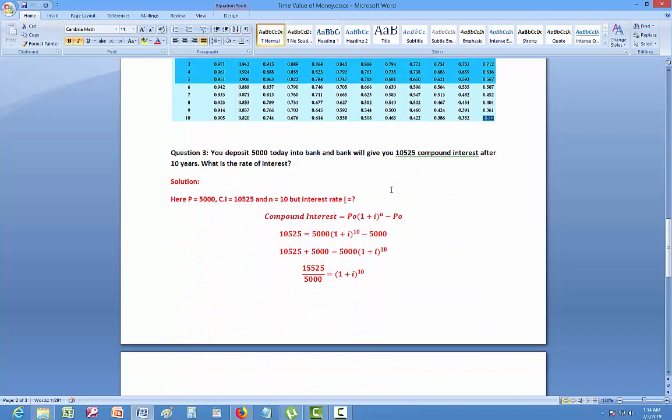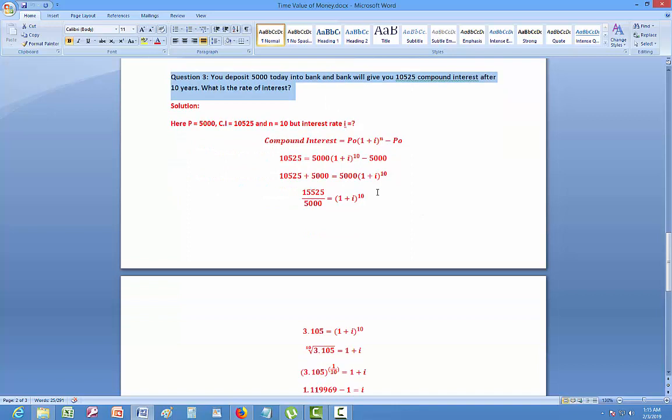In third question, what you deposit 5,000 today into bank, and bank will give you 10525 compound interest after 10 years. What is the rate of interest? So if rate of interest is missing and we want to calculate manually, then what can we do?